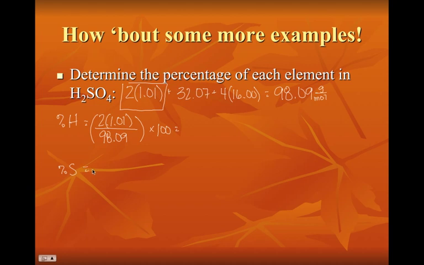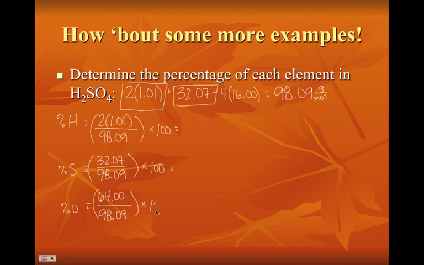So the percentage of sulfur is going to be the mass of sulfur, 32.07 divided by 98.09, and then multiply this by 100. And then for the percentage of oxygen, oxygen is going to be 4 times 16. You can get really good at multiples of 16 in this class, by the way. I'm just going to go ahead and put 64 because that is 4 times 16. And that is going to be divided by 98.09, and multiply this by 100.